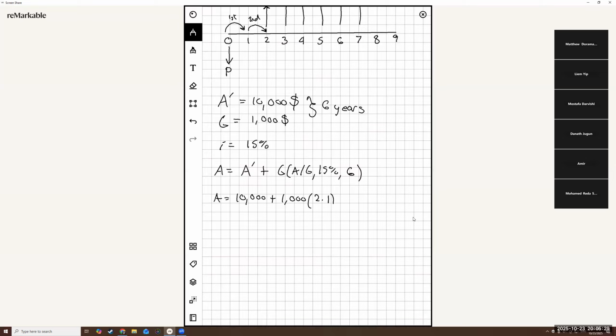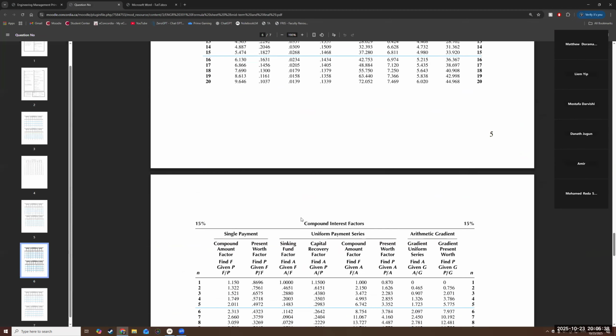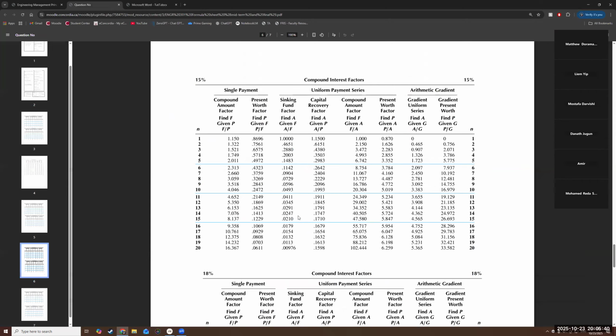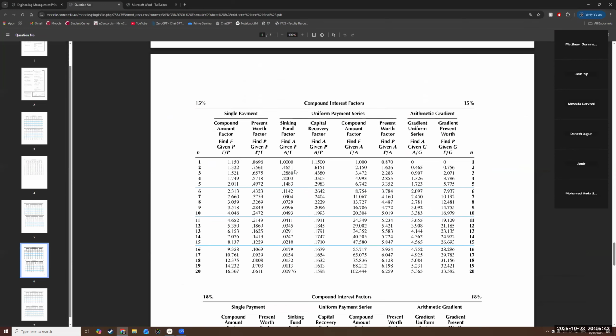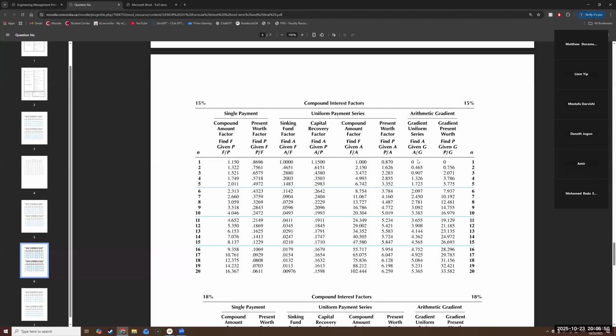I believe we can use the table here, right? 15% and 6 installments. This is a rare case where we get it cleanly in our table. A/G, which is the letters we have, A/G. 15%, 6 installments is approximately 2.1.